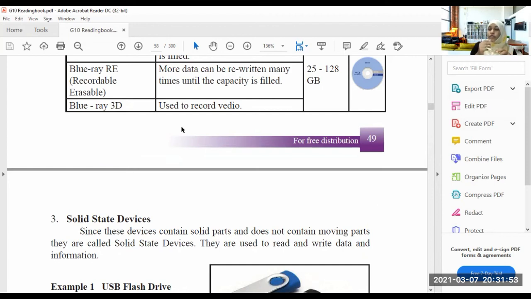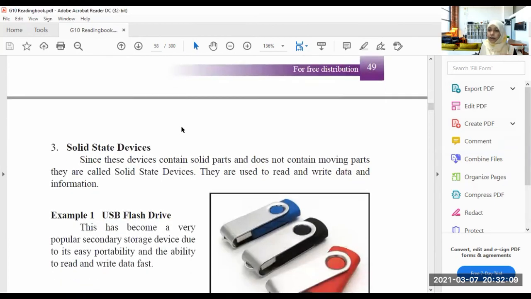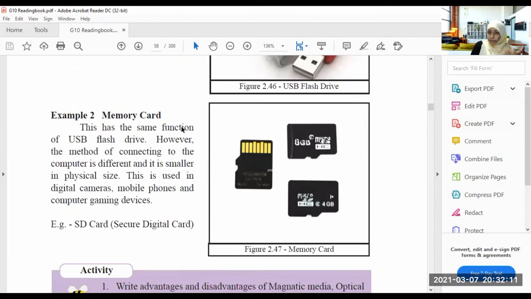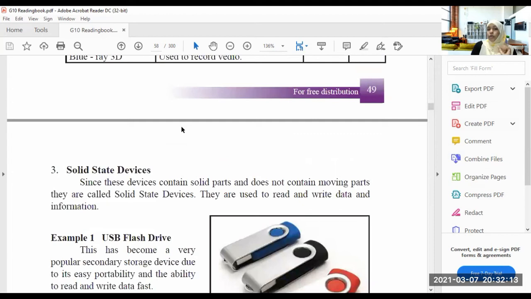CD also moves, DVD also moves, and magnetic tapes also move. But in pen drives and memory cards, there are no moving parts. Because of that, they are called solid state devices.